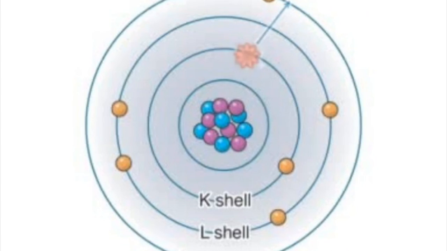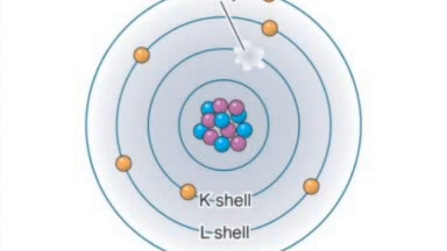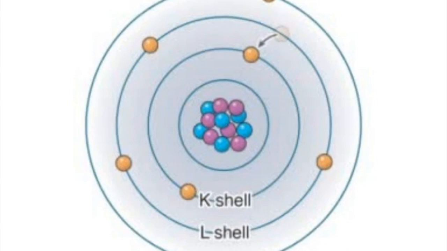To restore its neutral charge, the atom fills the vacancy with an electron from the outer shells, usually the L shell. The atom continues to stabilize itself by having an electron from the M shell fill the vacancy left by the L shell, until all of the shells are once again filled.